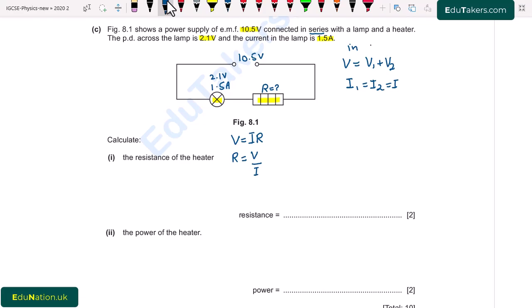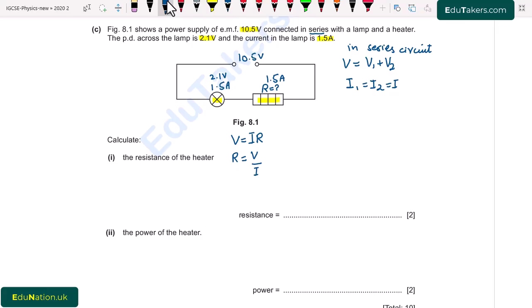I1 is equal to I2, which is equal to I in a series circuit. As the current remains the same, the amount of current passing through the lamp will be equal to the amount of current passing through the heater. That's why here current is also 1.5 ampere.